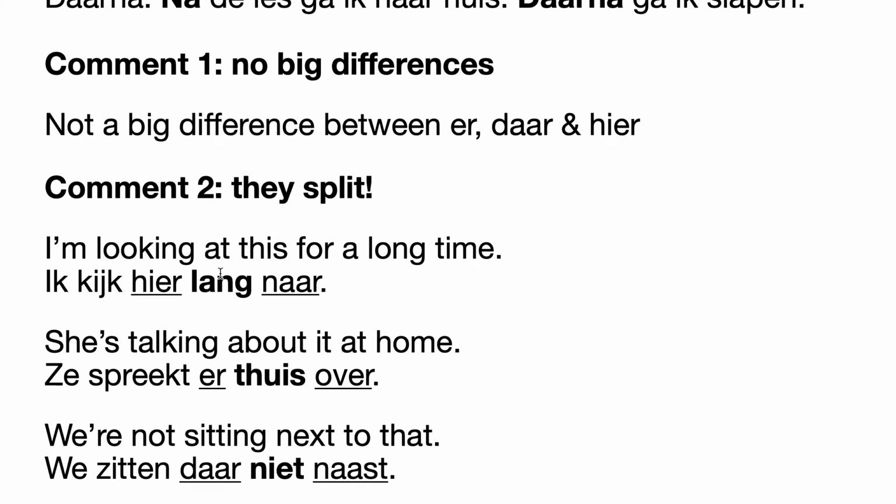So it's kind of hard to translate. So remember, if you have this hiernaar, daarnaar, daarover, etc., they can split up. Another example, she's talking about it at home. So, ze spreekt, she's talking about it erover. The over, the er goes in front of the about. And it should be pasted to it. It would be erover in one word, it about.